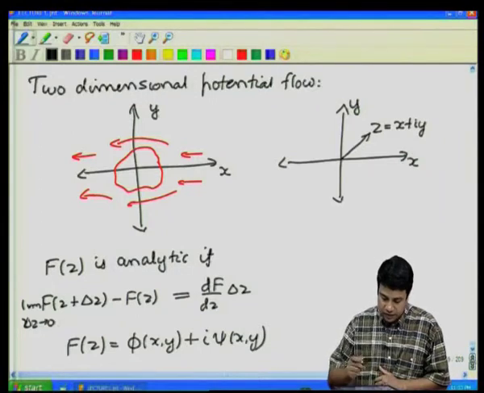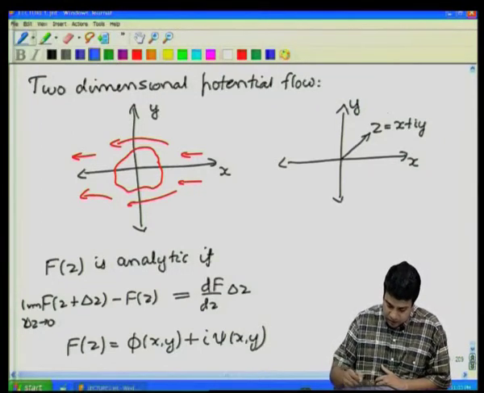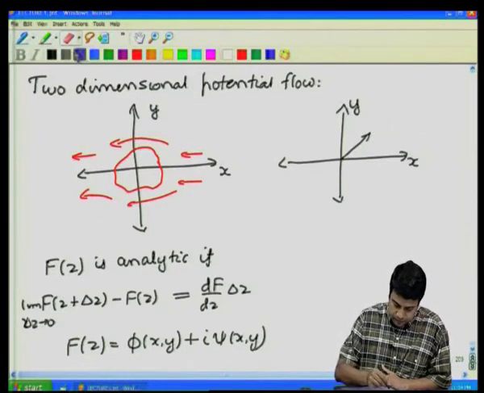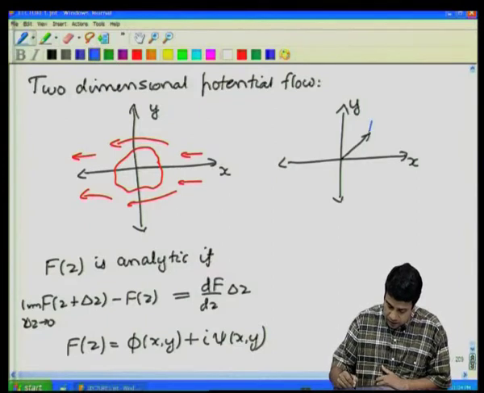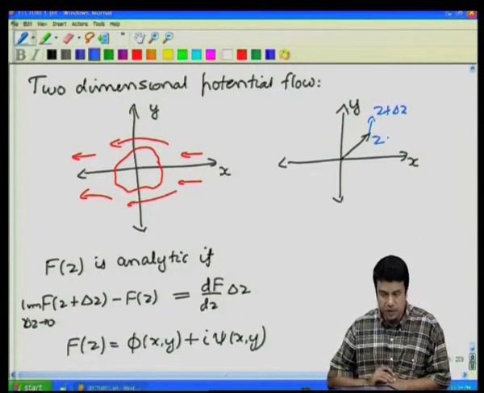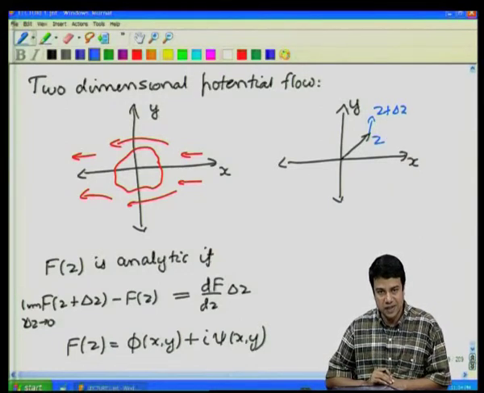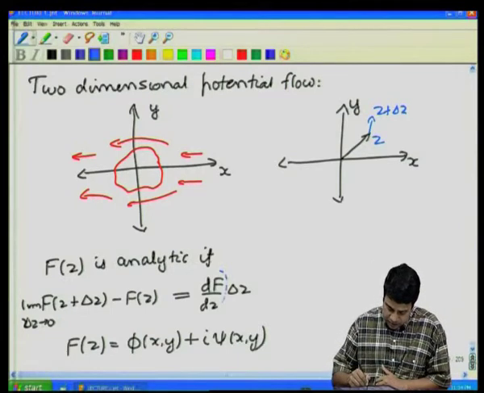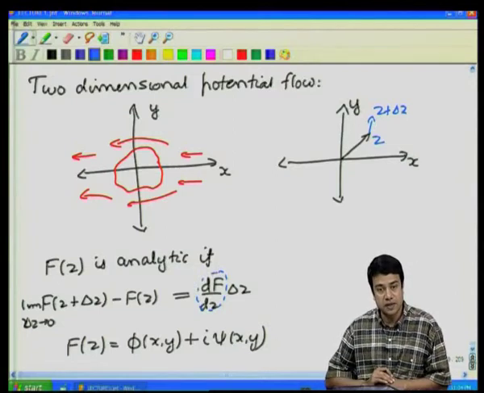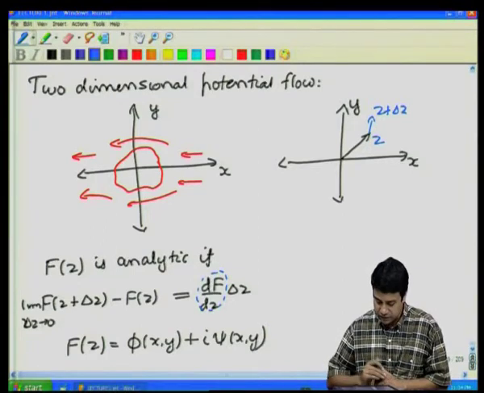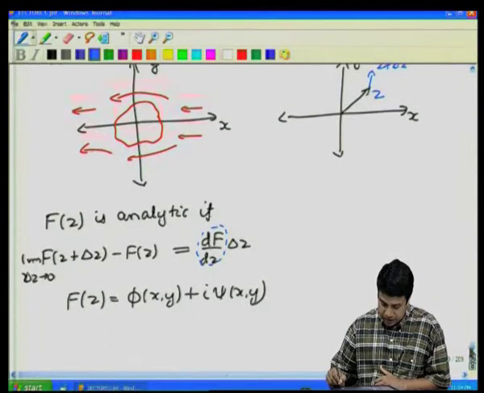In other words, if I require that if I go from a location z to another location z plus delta z, and if I can write delta f, which is f of z plus delta z minus f of z, as a derivative, df by dz, times delta z, then there is a relationship between the real and imaginary parts of this complex function f.